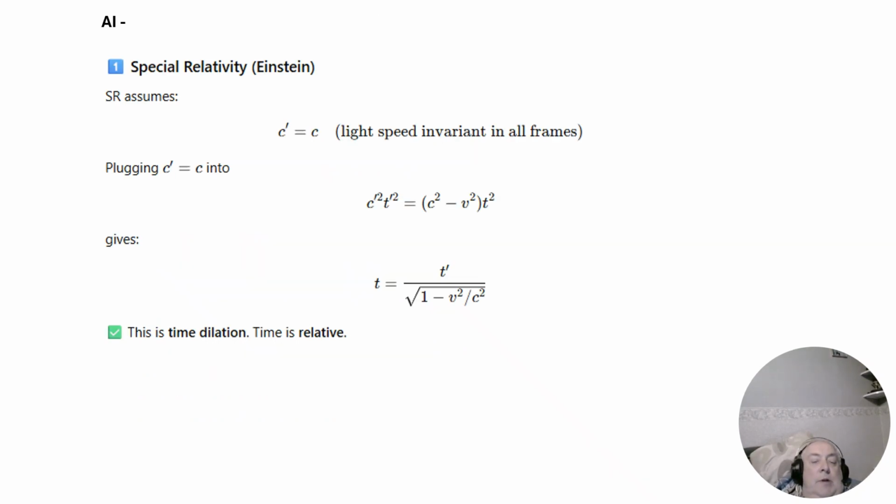So AI is pointing out that special relativity assumes c prime is equal to c, and that's the light speed being invariant in all frames. And then it puts that into my equation, and it gives the time dilation equation.